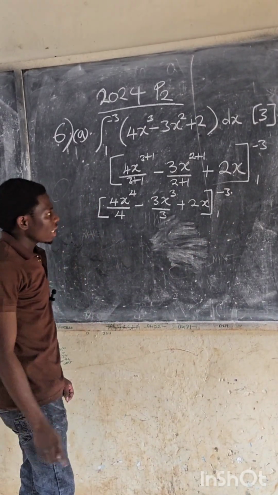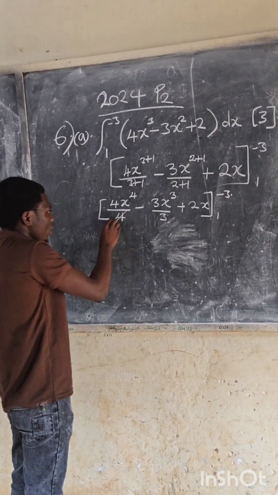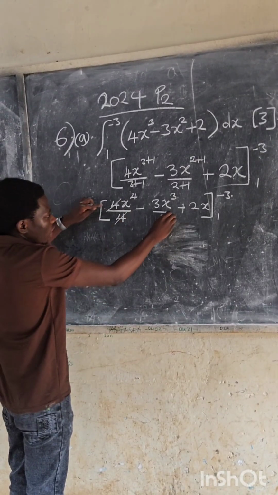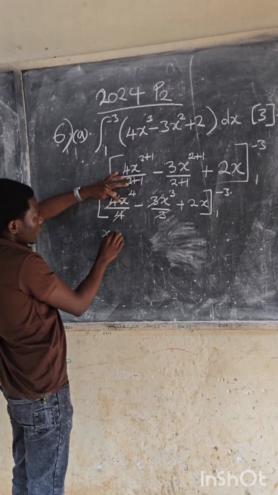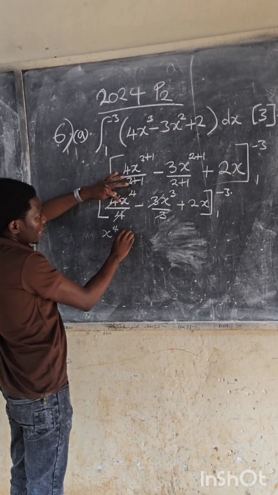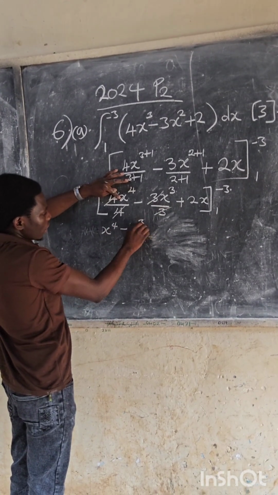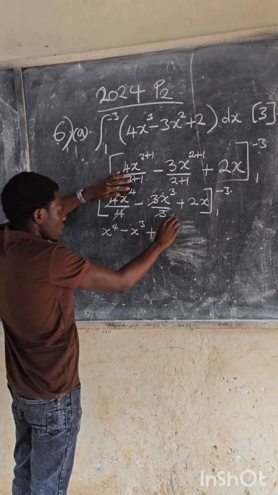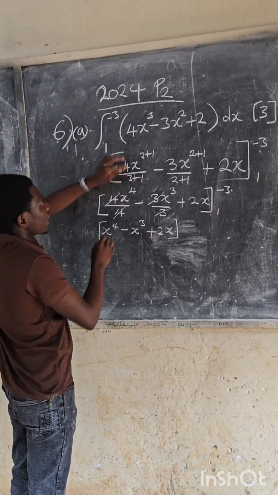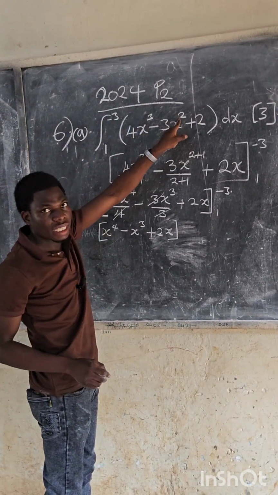Now you are supposed to cancel this and that, also cancel that and that. So you are going to remain with x to the power 4 minus x power 3 plus 2x. This is the answer that we've gotten after integrating the function given there.